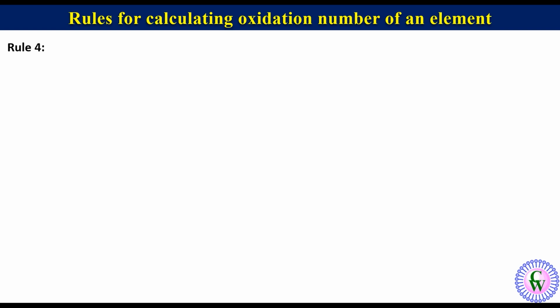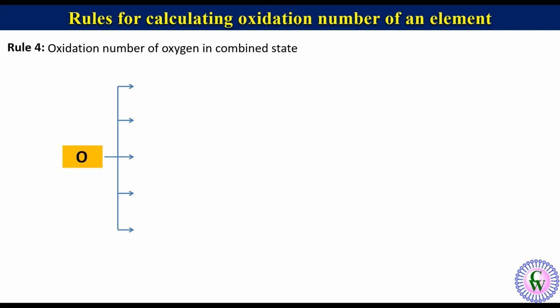Rule number 4. This rule is regarding oxidation number of oxygen in combined state. There are 5 oxidation states of oxygen: -2, -1, -1/2, +1 and +2.